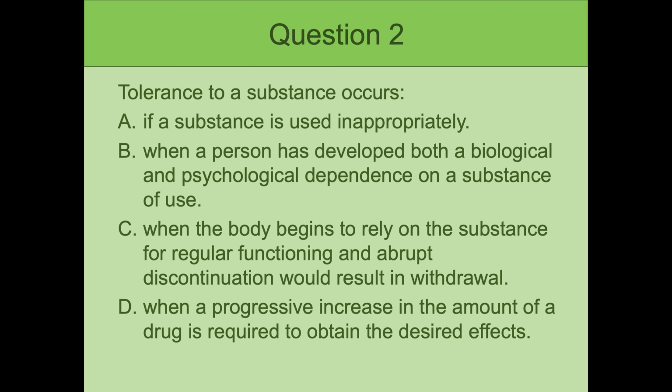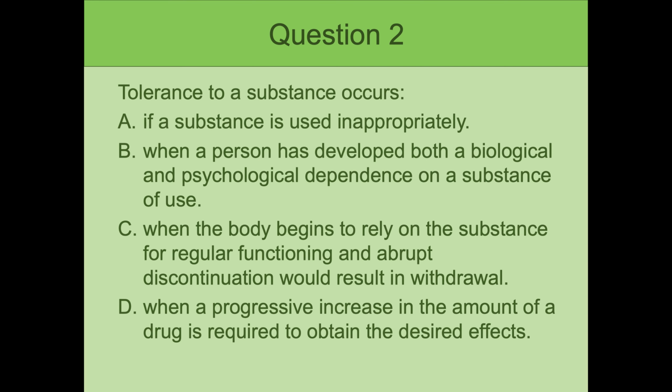So the correct answer here is going to be D. So tolerance is when more and more of a substance is needed to get the desired effect. When your body begins to rely on the substance for regular functioning, that is going to be physical dependence.